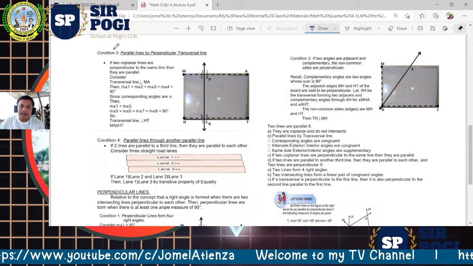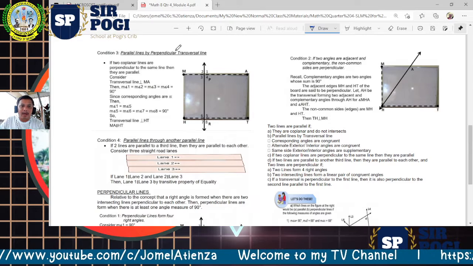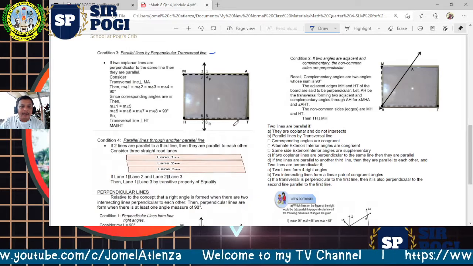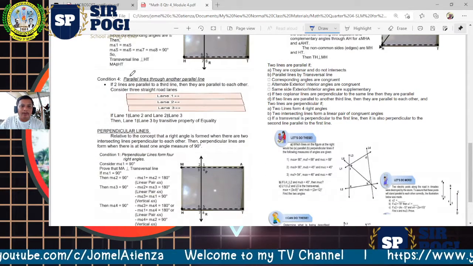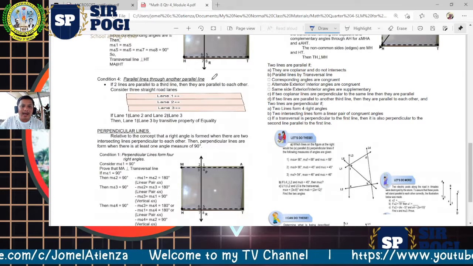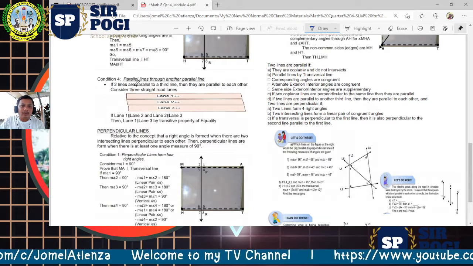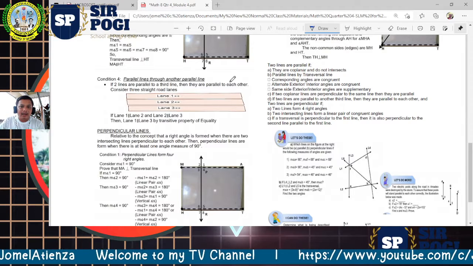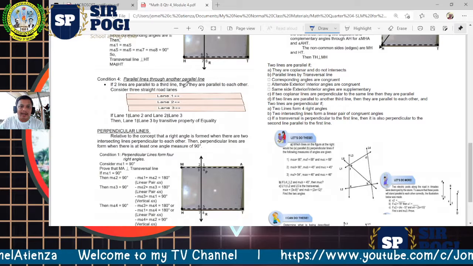Okay, so condition 3 is parallel lines by perpendicular transversal line. Then condition 4, parallel lines through another parallel line. So if two lines are parallel to a third line, then they are parallel to each other.